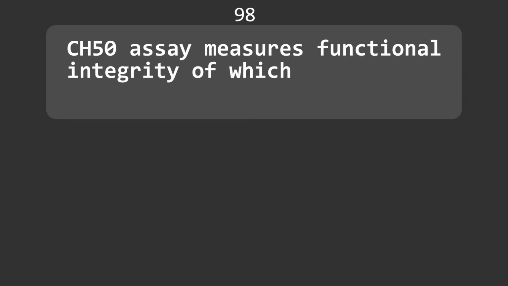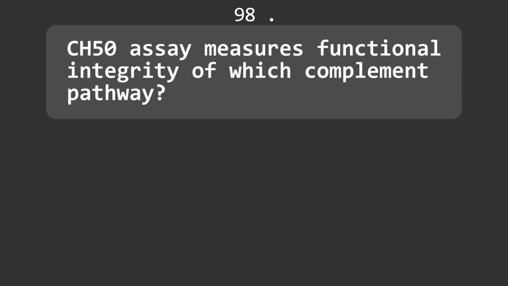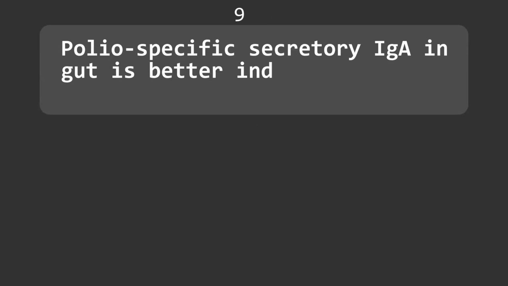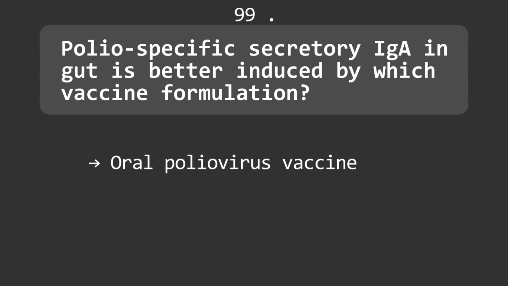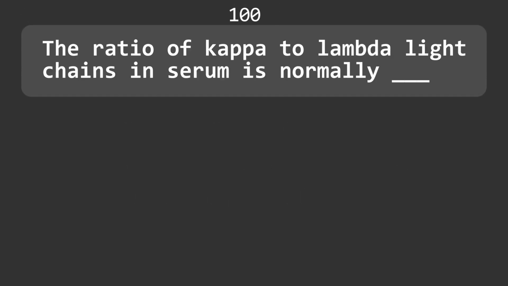CH50 assay measures functional integrity of which complement pathway? Classical pathway. Polio-specific secretory IgA in the gut is better induced by which vaccine formulation? Oral poliovirus vaccine, OPV. The ratio of kappa to lambda light chains in serum is normally approximately 2:1.